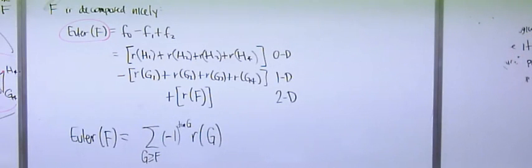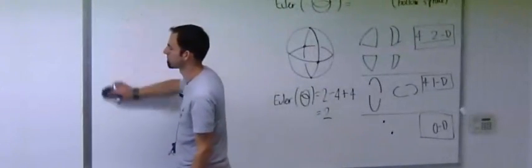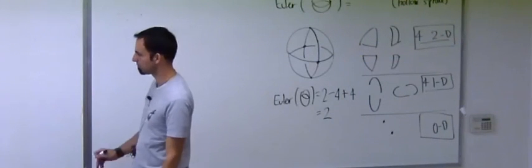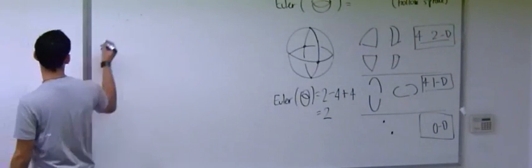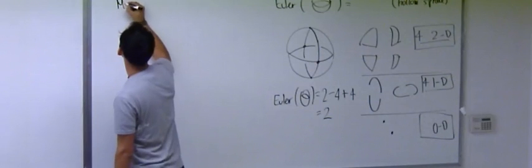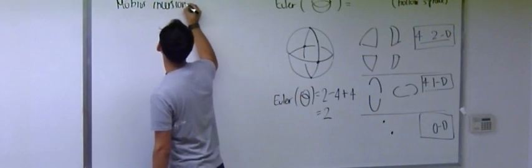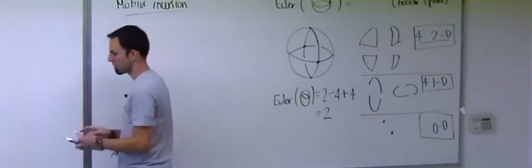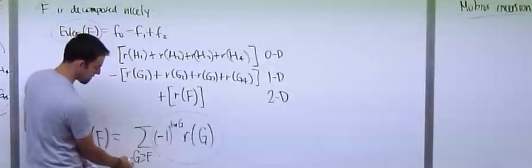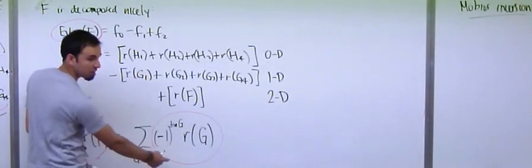You'll get used to this when you count. So whenever you see something like this, you just immediately apply Mobius inversion. Mobius inversion says: I have two functions. Here's the first function, here's the second function. The first function is obtained by adding over the g's bigger than f the second function.